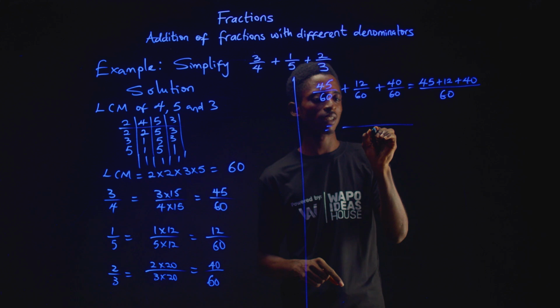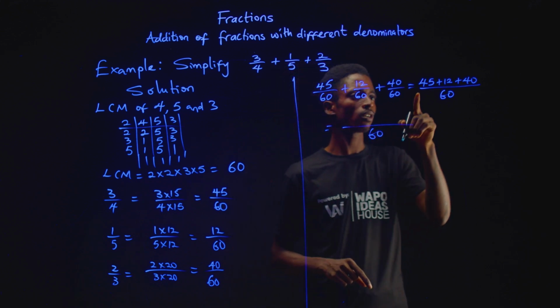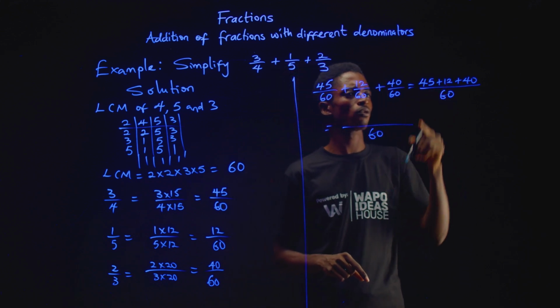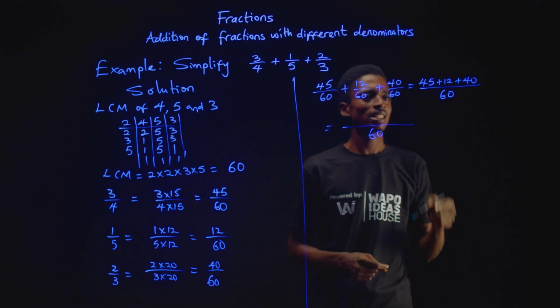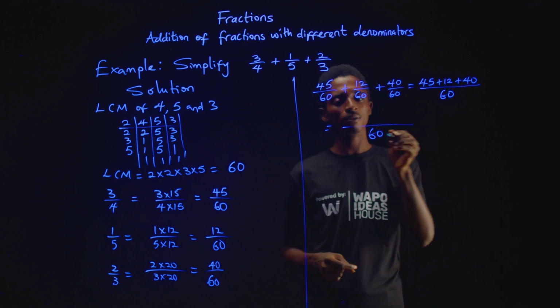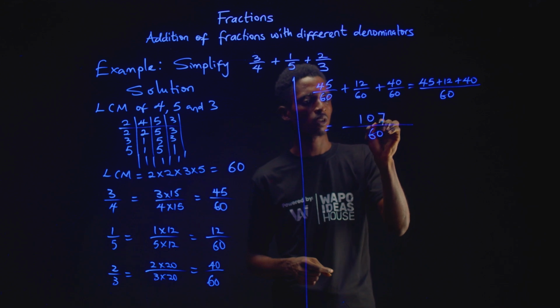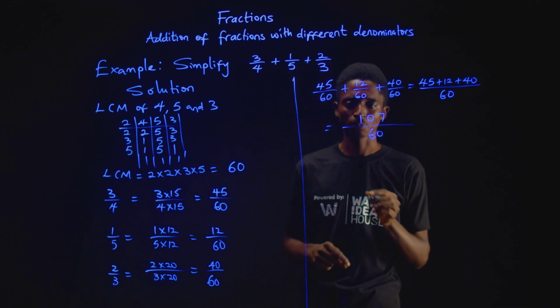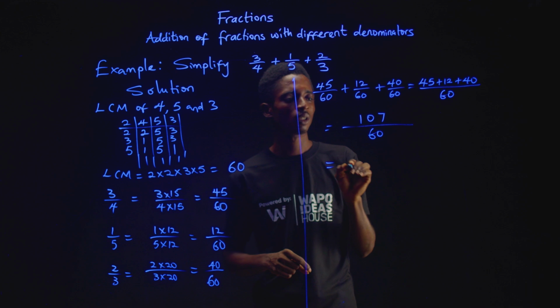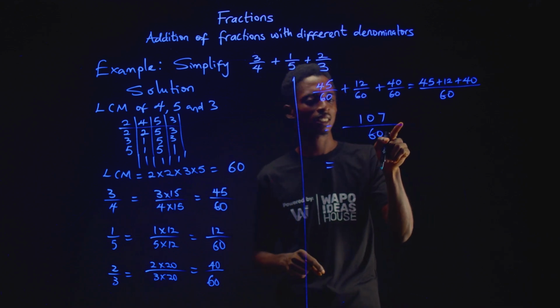Now when we add all of that together, what do we get? 45 plus 12 will give us 57. 57 plus 40 will give us 107.